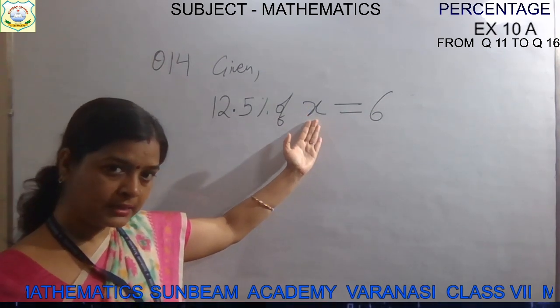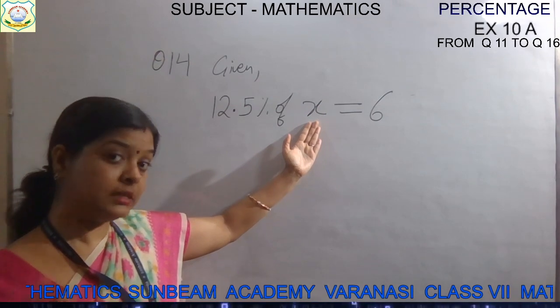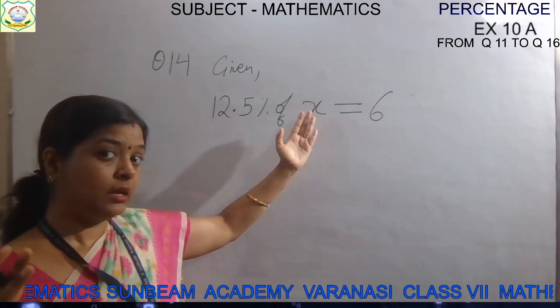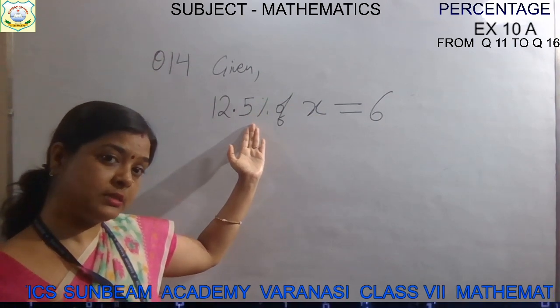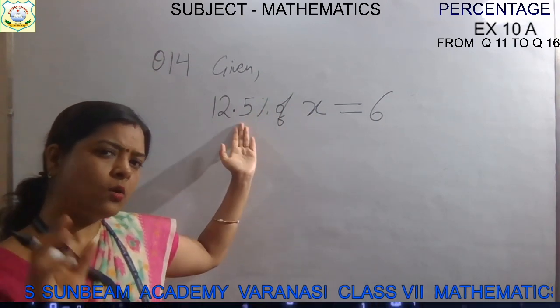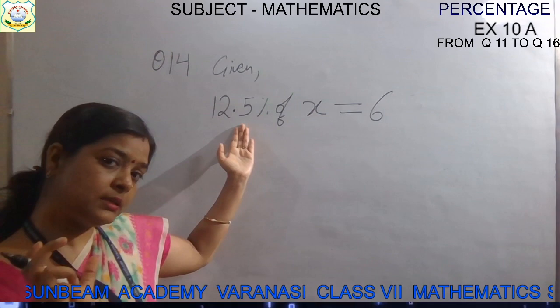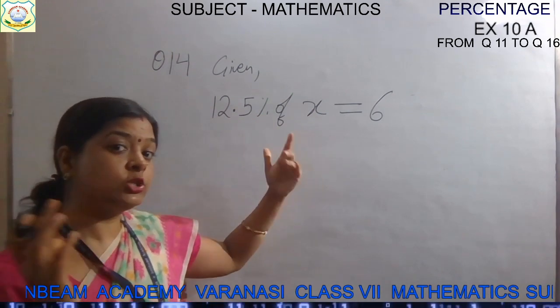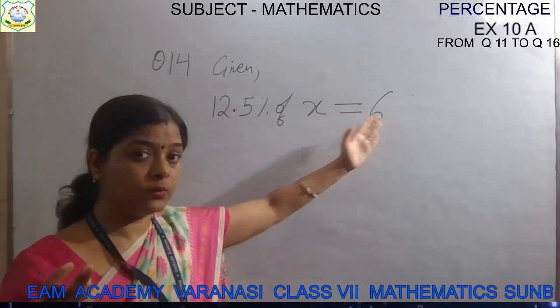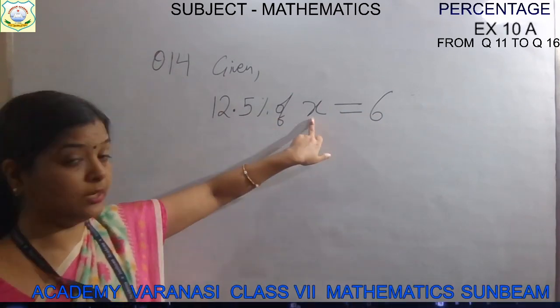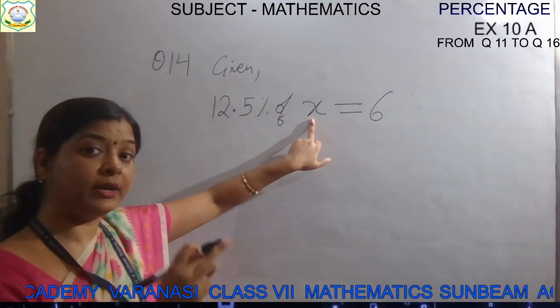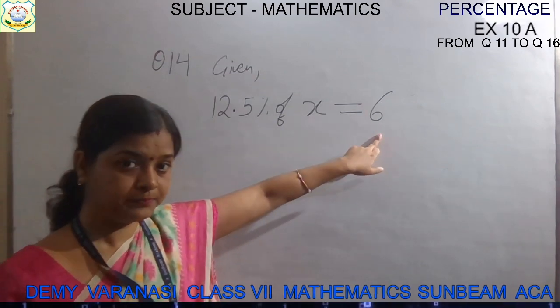One value is x, and obviously it is the bigger one. If you find only its 12.5%, then the answer which you will get is equal to 6. Now, what is this value whose 12.5% is 6? Let's solve.